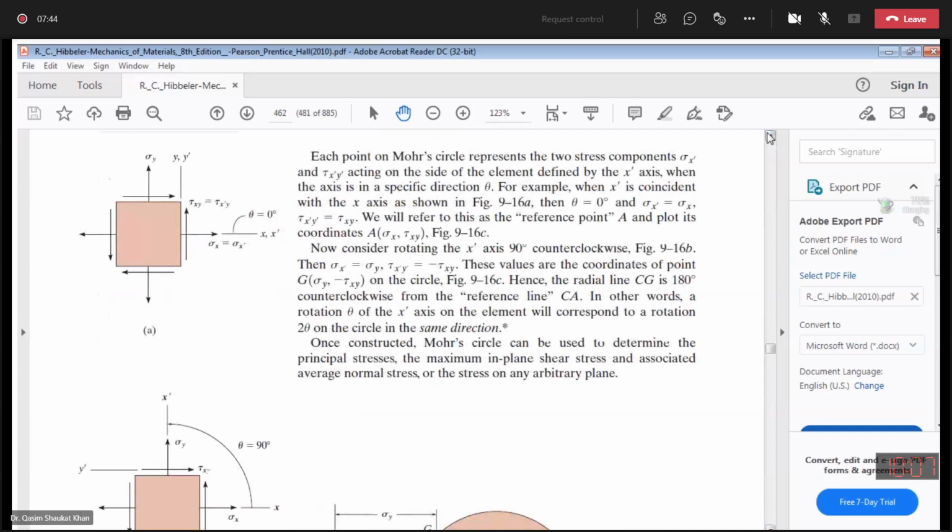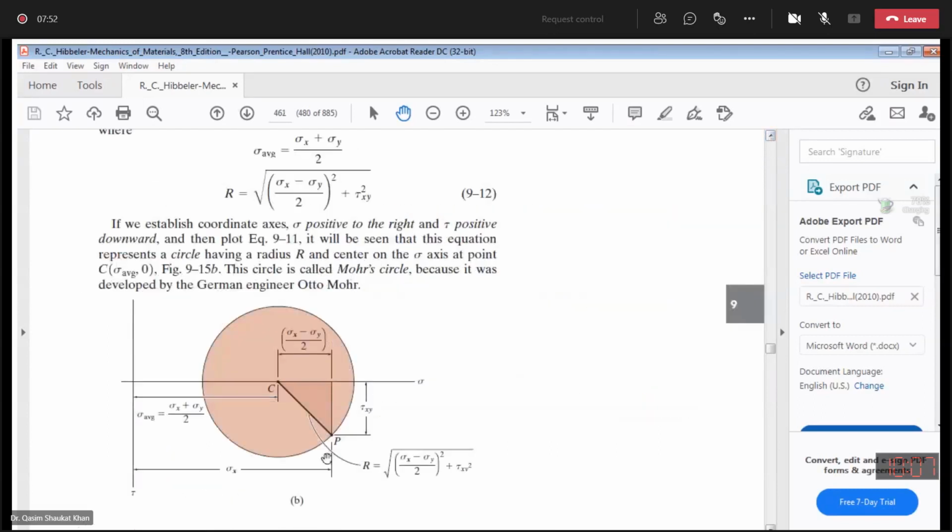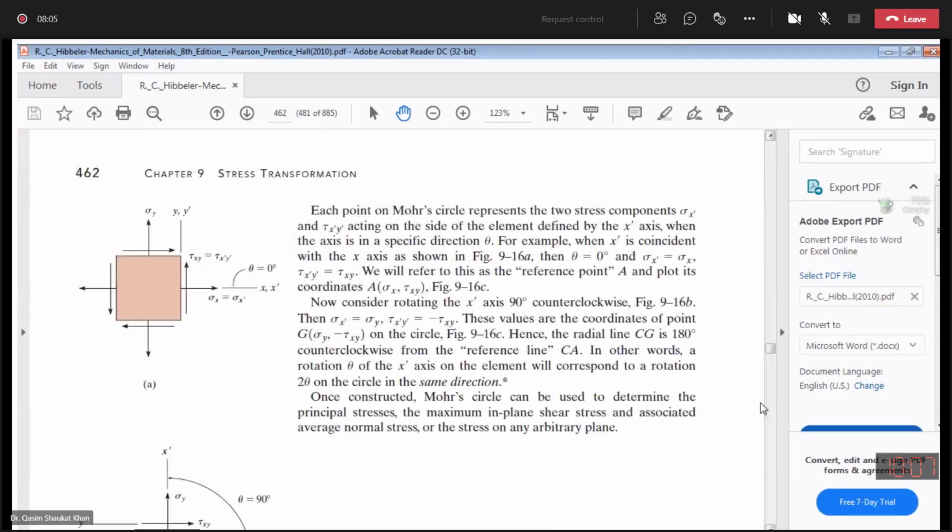Now we will start with the basics: why we are having a reference line, what a reference line means, and what about sigma y. These are the two points we are going to study now. Each point on Mohr's circle represents two stress components.